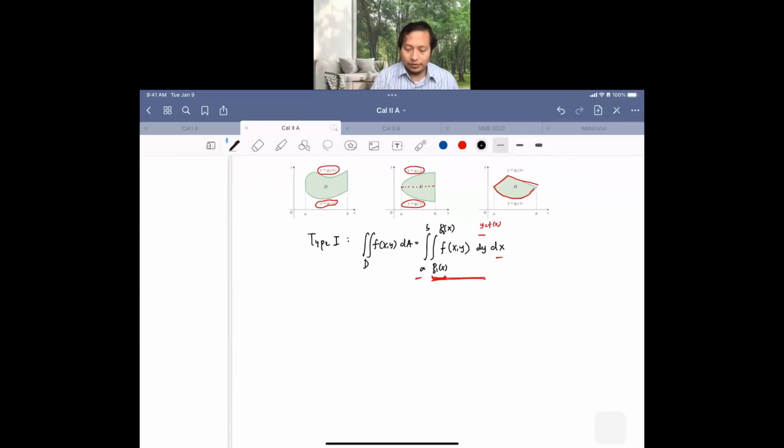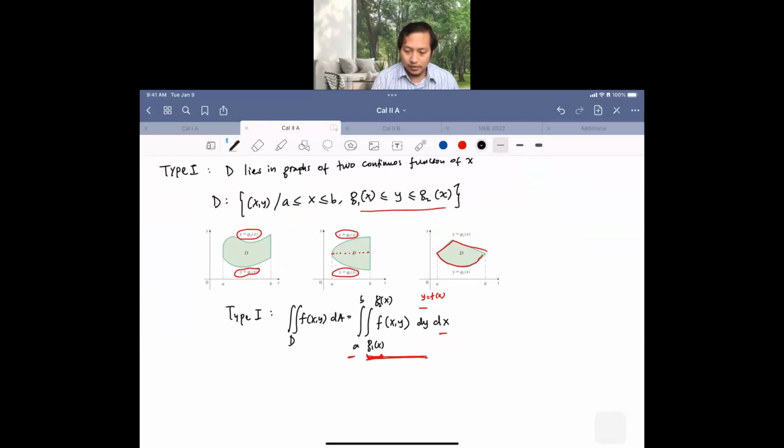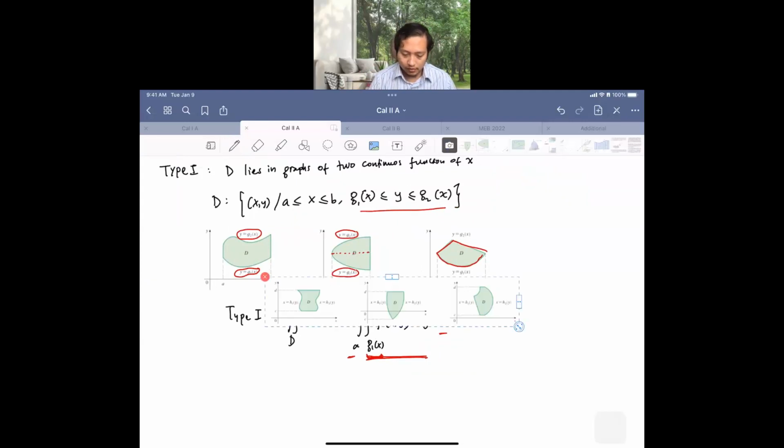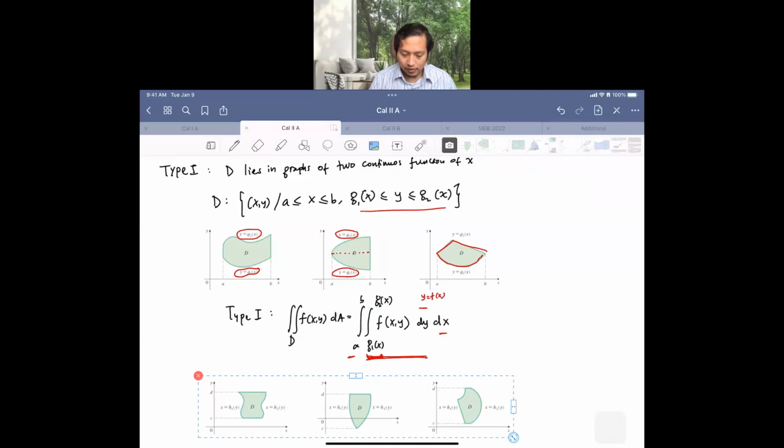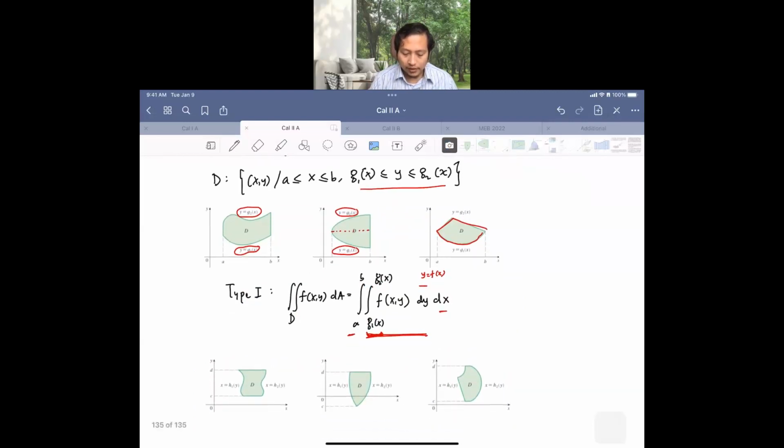Let me move to type 2. Type 2 gives you something more clear, that is a function of y. So we have only two types, function of x and function of y, which means that D depends on your observation.